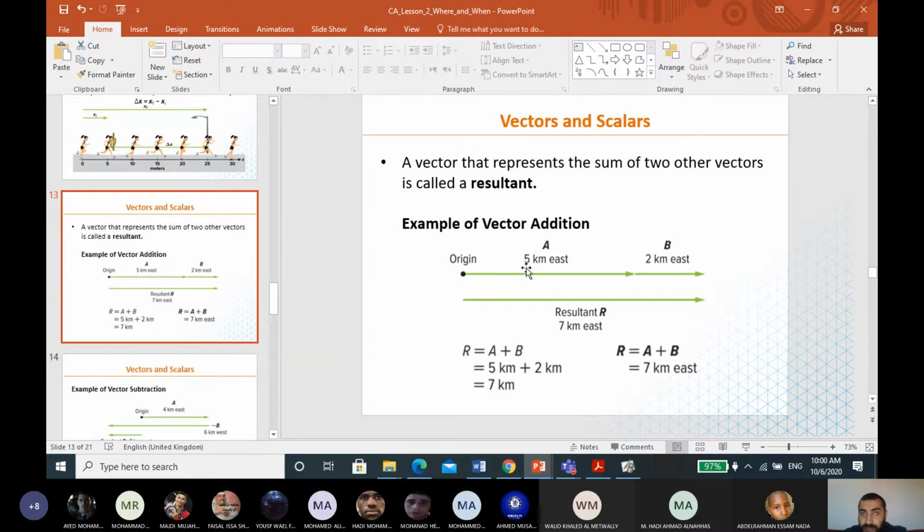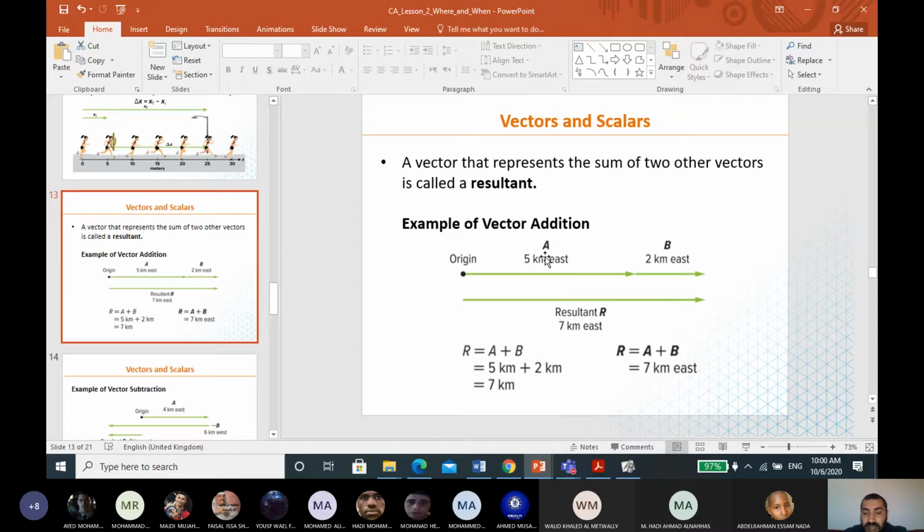So here, guys, if you all know that 5 kilometers to the east, then going 5 kilometers to the east, and then another time going 2 kilometers to the east, we can formulate a resultant force here, that is A plus B. Then vector A plus vector B will be equal, because they are going to the same orientation or same direction. So we must what, guys?